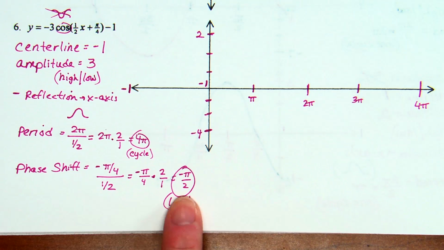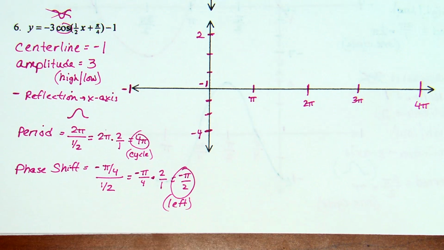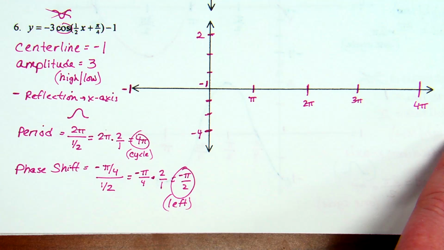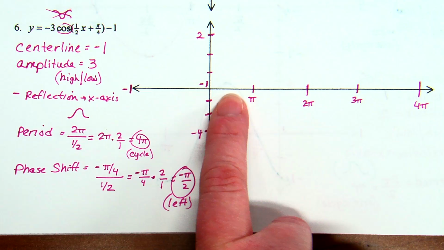Where is pi over 2 in relation to the labeling I do have? Right here we have whole pi's, right? 1 pi, 2 pi, 3 pi, 4 pi. Pi over 2 is half a pi, and so that pi over 2 is in the middle, yes? So if that's where my pi over 2 marks are, what do I need to put in the middle of each of these marks?